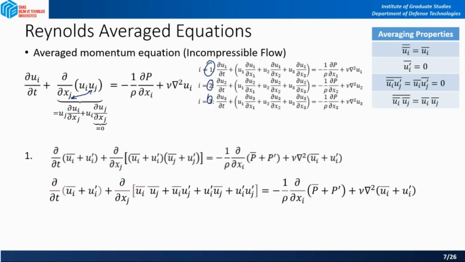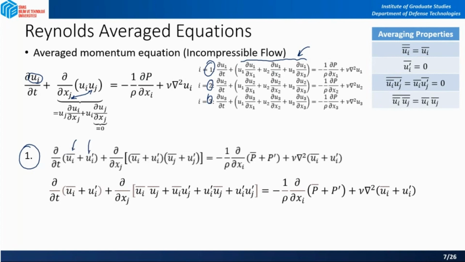So it is actually a summation of three terms again. The first step was to apply the decomposition, Reynolds decomposition. So what do I mean? I mean that instead of each ui in here, you put mean plus fluctuation values.